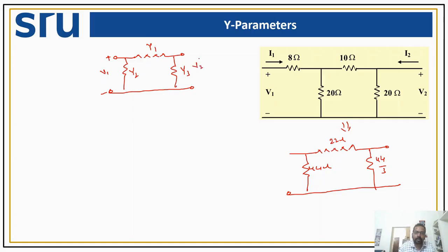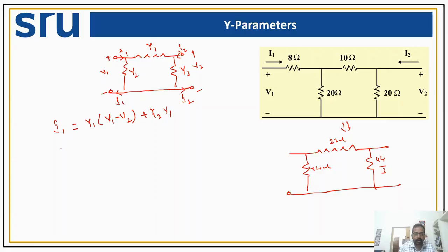V1, this is V2 plus minus, here this is I2, and this is I1, and we are having I1 here, and we are leaving I2 current here. So I am trying to apply my nodal analysis. If you see, my incoming current is I1, my outgoing current is Y1 into V1 minus V2, plus Y2 into V1.